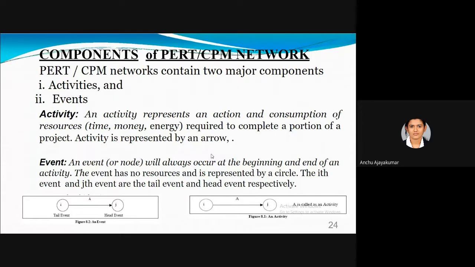So A will consume your resources, and I and J are the tail event and head event. You can see the arrow over here, right? The head of the arrow ends in the head event, and the tail of the arrow touches the tail event. And predecessor activity and successor activity I will mention later.